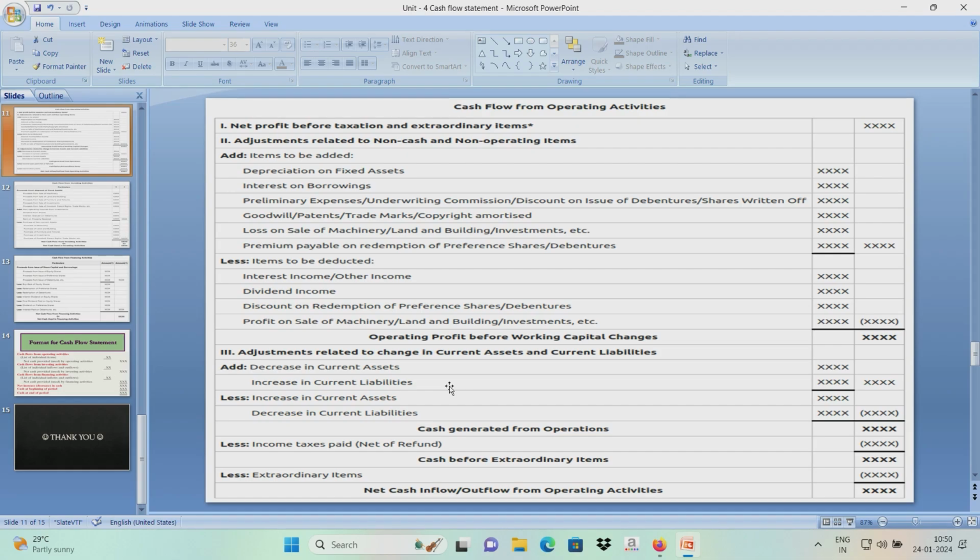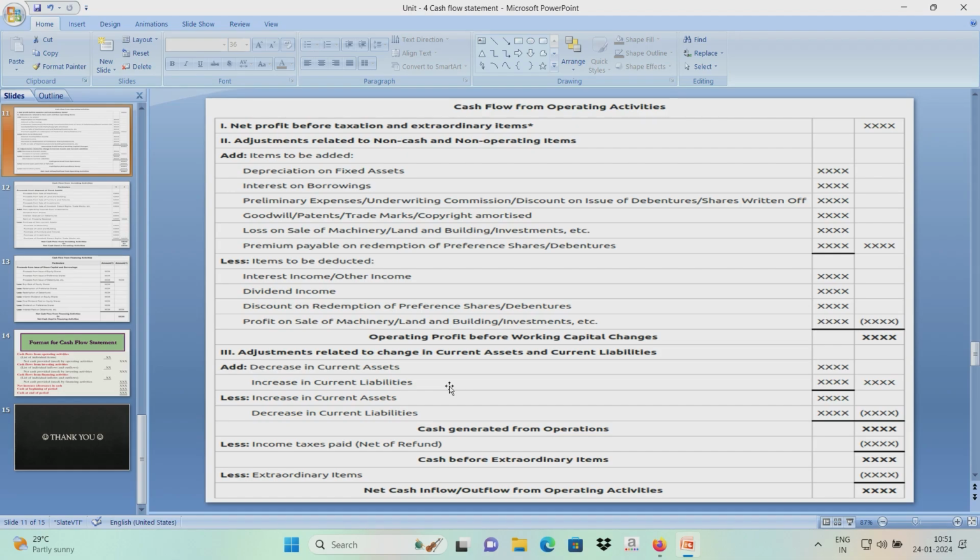Profit on sale of machinery or land and building, investment, or any other asset, the profit you earn, we have to subtract. So from that net profit before tax and extraordinary items, certain non-cash items we have to add and certain items we have to subtract to find the operating profit before working capital changes.